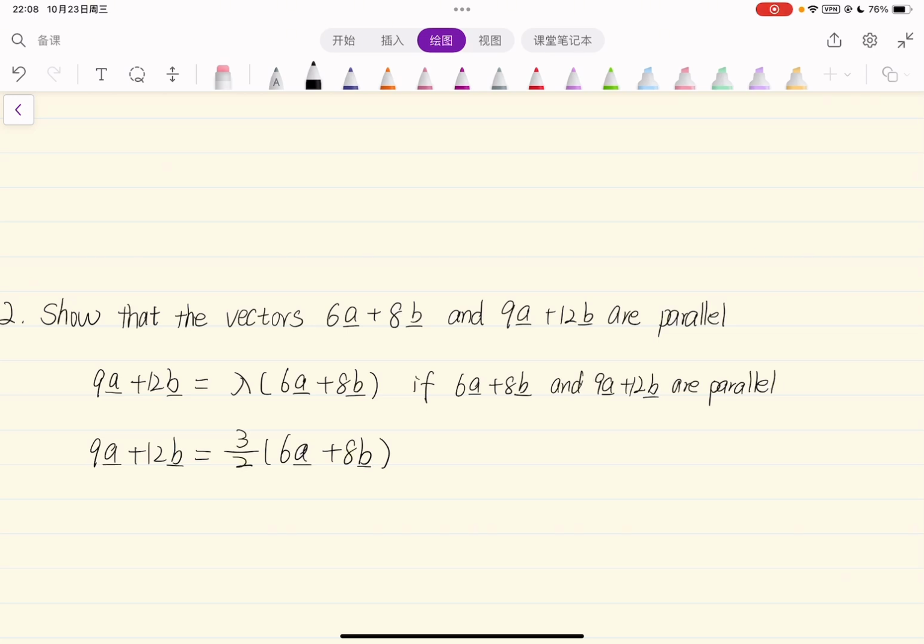We have lambda equals 3/2. So we can see that the vectors 6a plus 8b and 9a plus 12b are parallel.